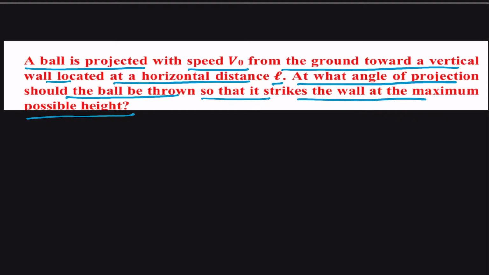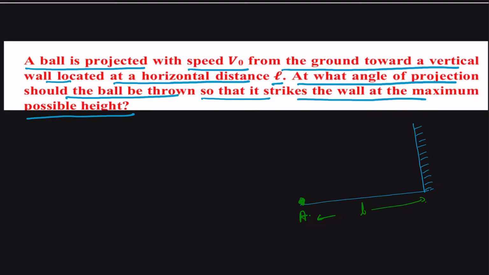And so we can just draw the basic figure according to the question. So suppose this is the wall, and the projectile is launched, suppose, from point A, and this point A is at a distance of L from the wall.